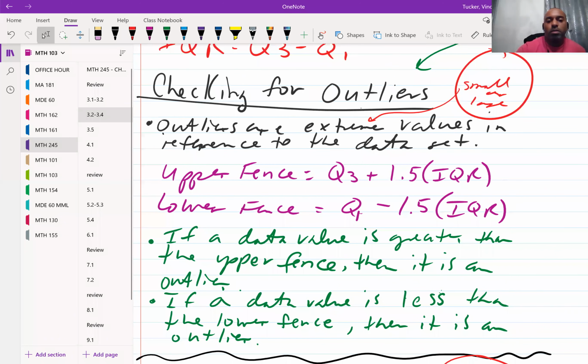All right. So we're going to use all this in an example. Just giving you all the steps first.